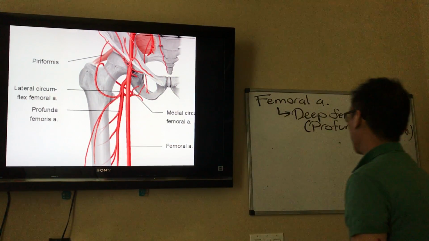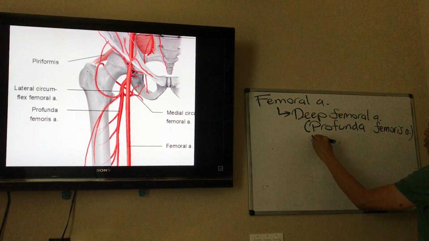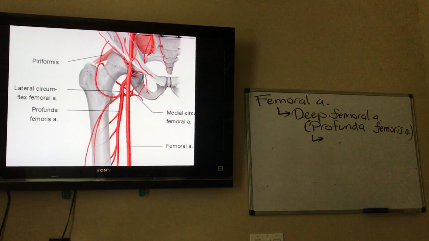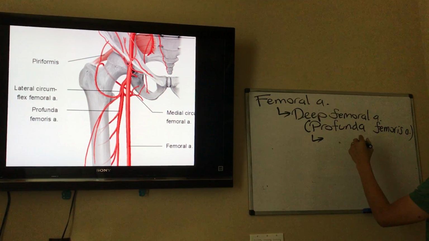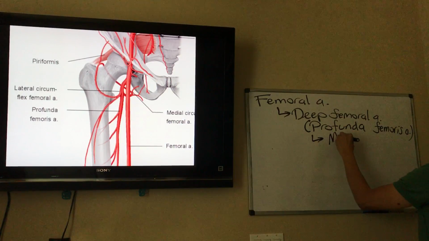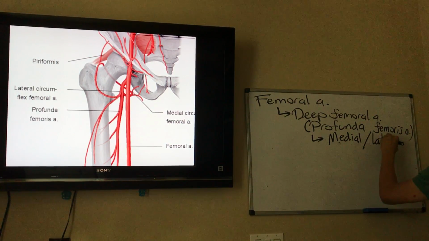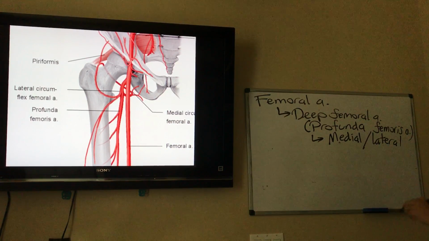Let me write those branches down. So, coming off deep femoral, you have medial and lateral circumflex femoral. Count those as two branches, but they form a loop. So you have medial as well as lateral circumflex femoral arteries.